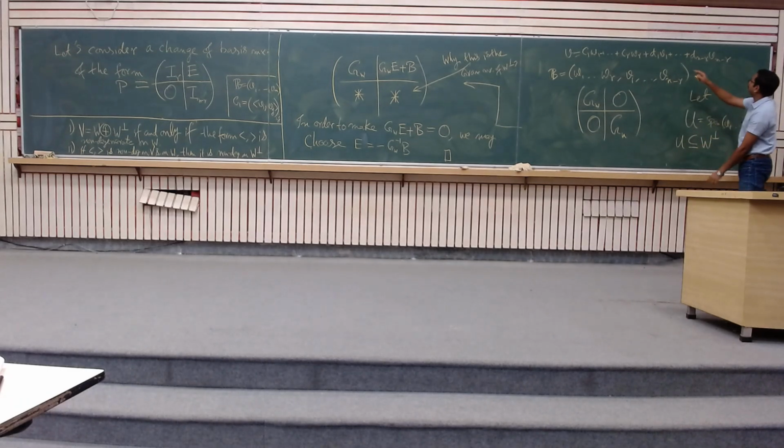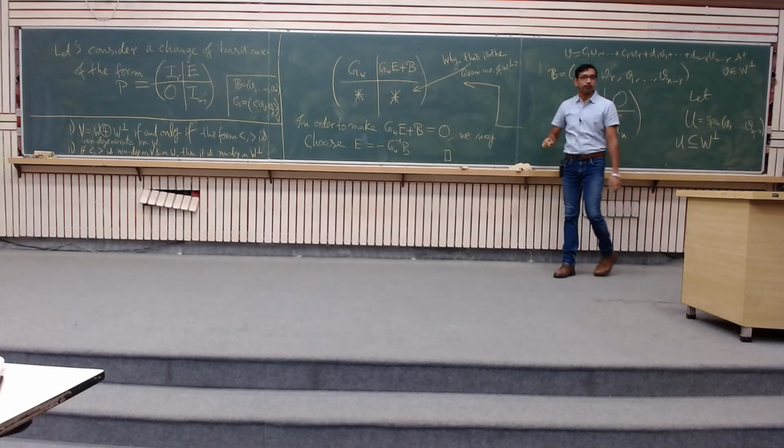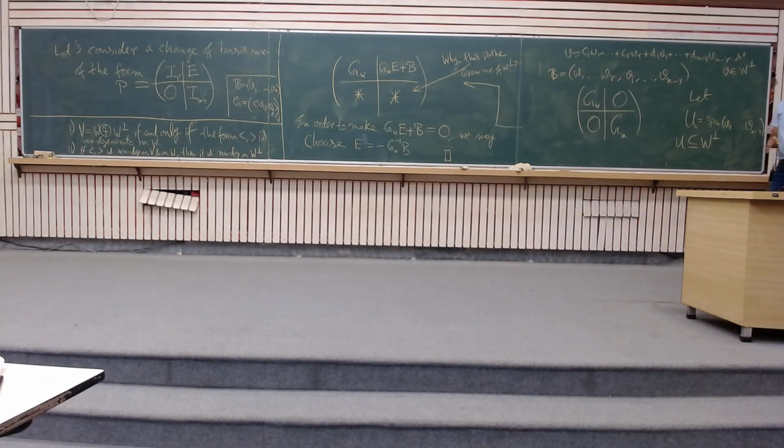On the other hand, we are taking an arbitrary vector V such that V is in W perp. It suffices to show that this one is going to be 0. How do you show that? Yeah, tell me.